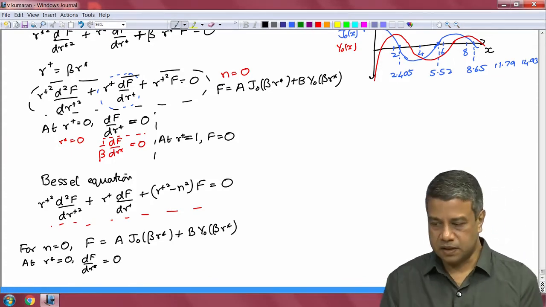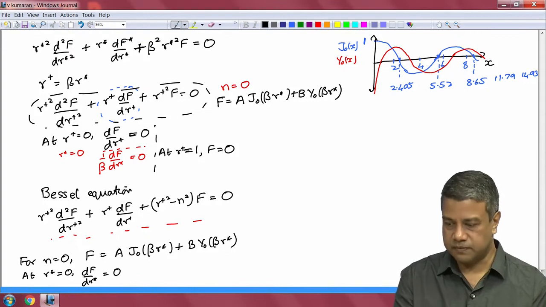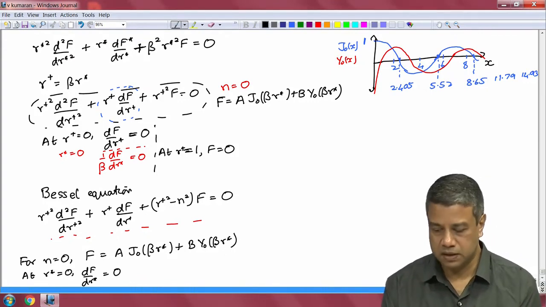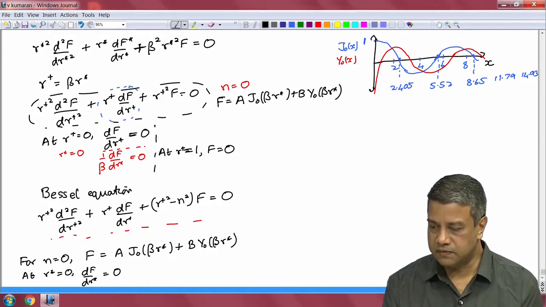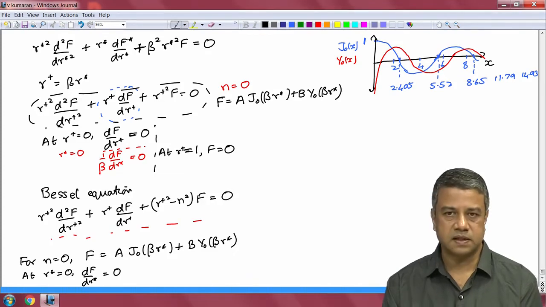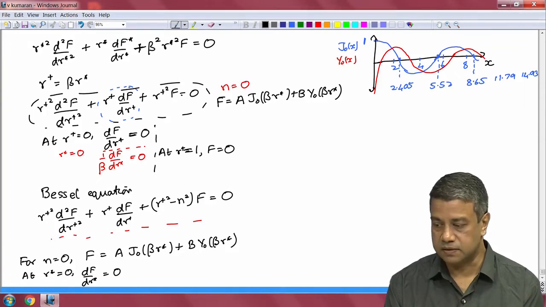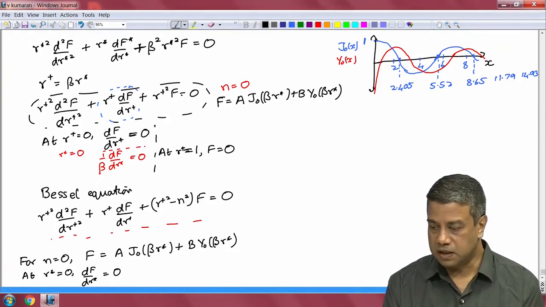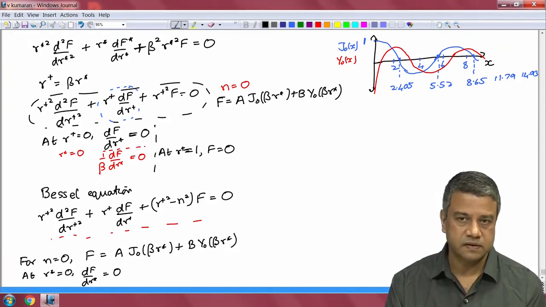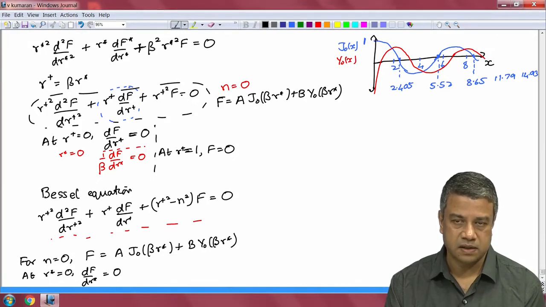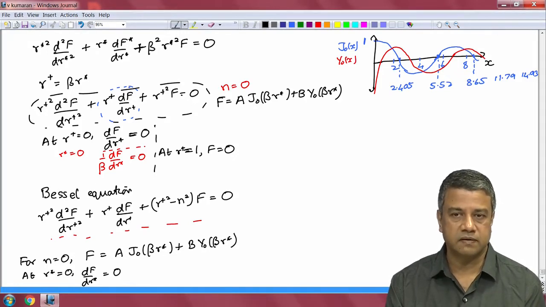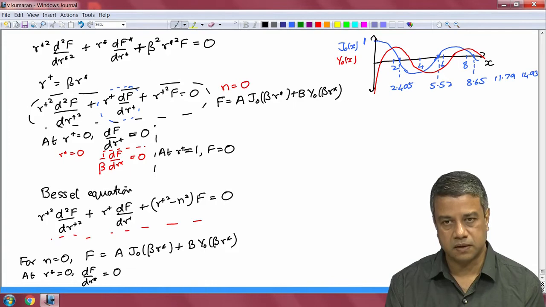I have the symmetry condition that at r star equal to 0, df by dr star is equal to 0, meaning the derivative has to be 0. The function J0 satisfies this condition, since its derivative is in fact 0 at x equal to 0. The derivative of Y0 does not satisfy this condition, because it has a logarithmic divergence and therefore the derivative is not 0 at x equal to 0.